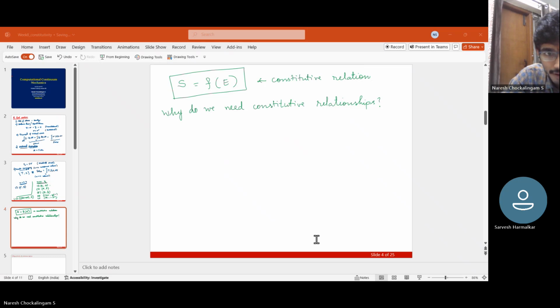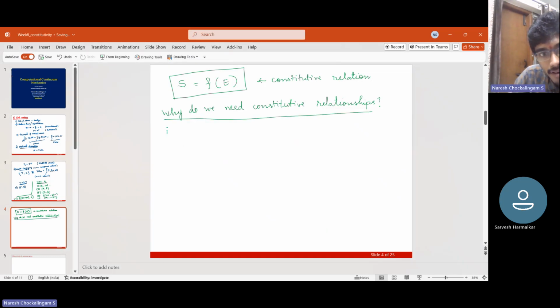We have 5 balance laws. The first one is probably the conservation of mass.